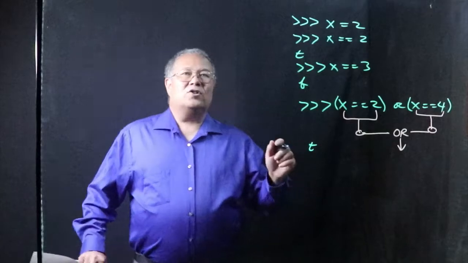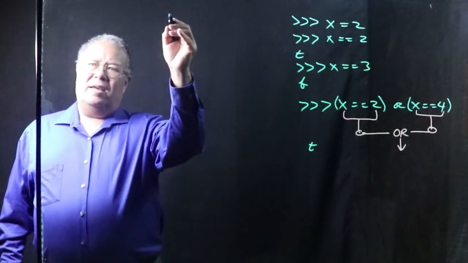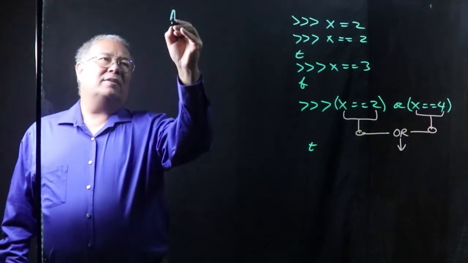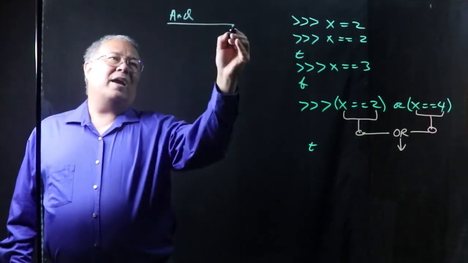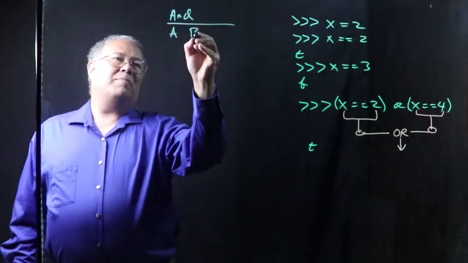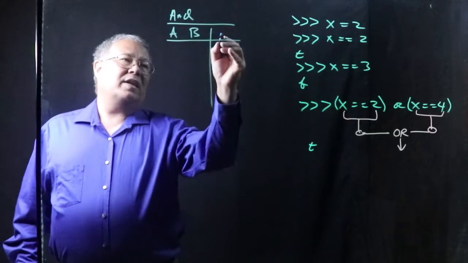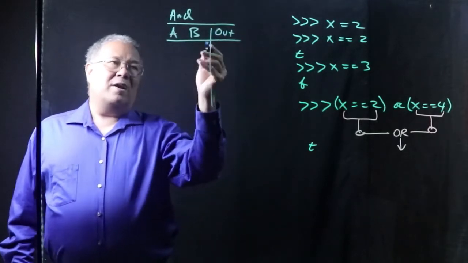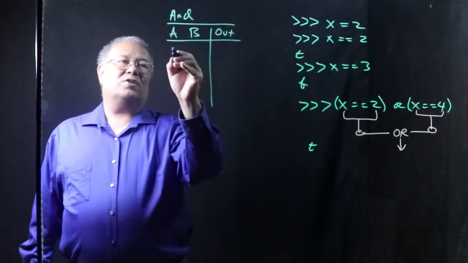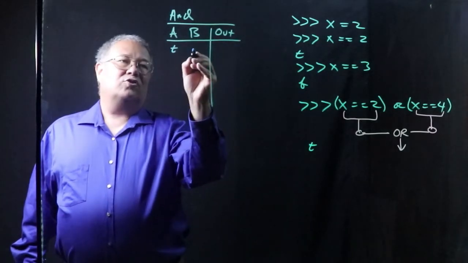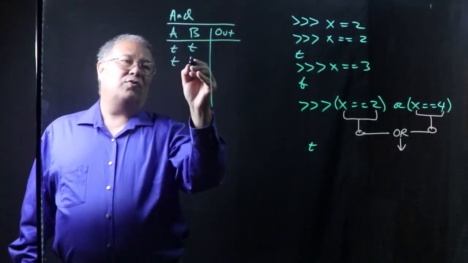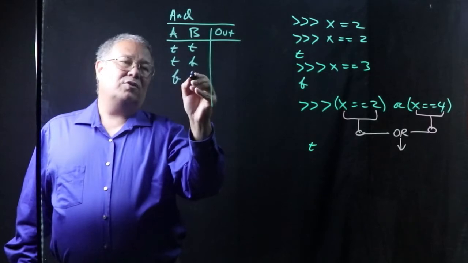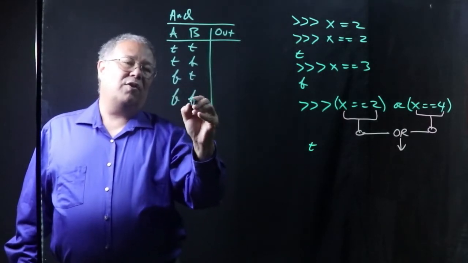So the way that ands and ors work is, I'm going to have the input variables, A and B, and we're going to say here's the output. And I'm going to write trues and falses for these things, so we're going to do it as true, true; true, false; false, true; and false, false.